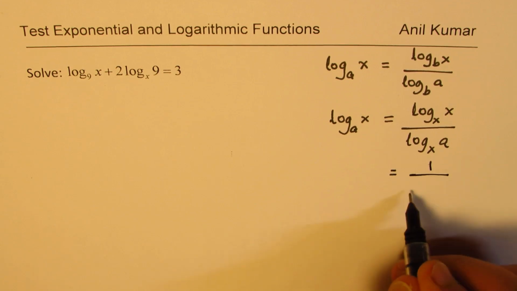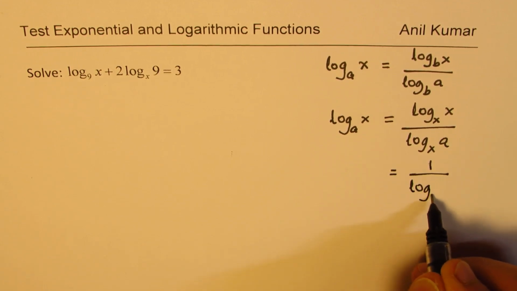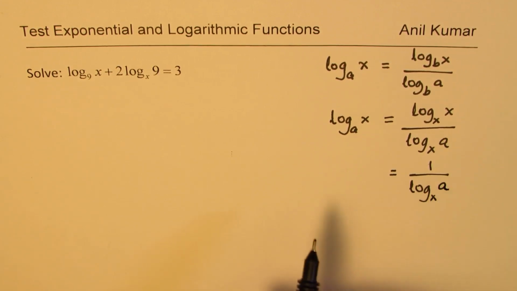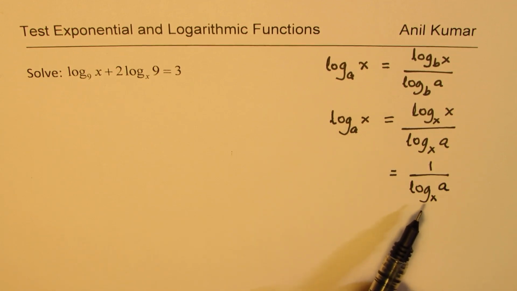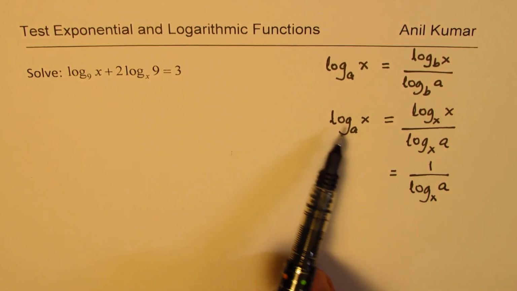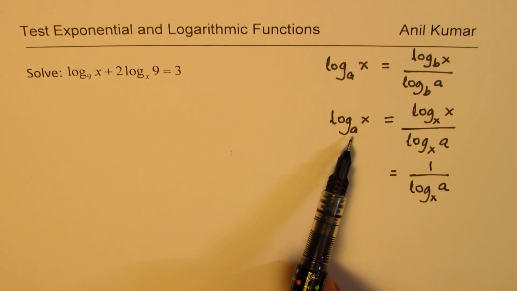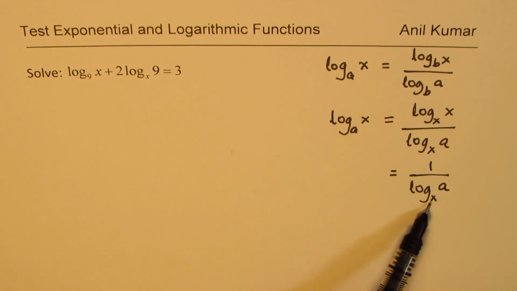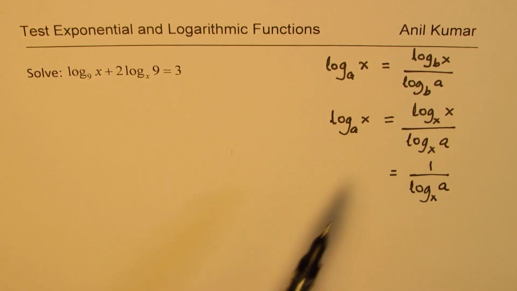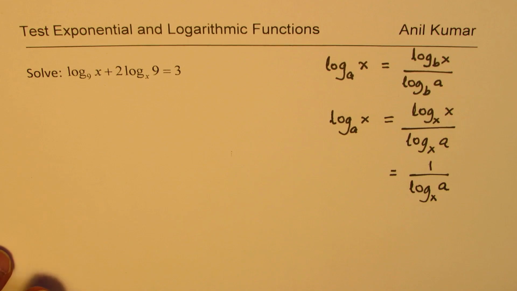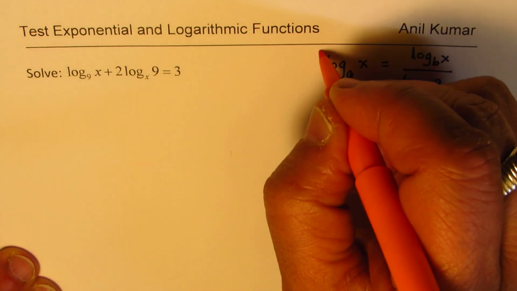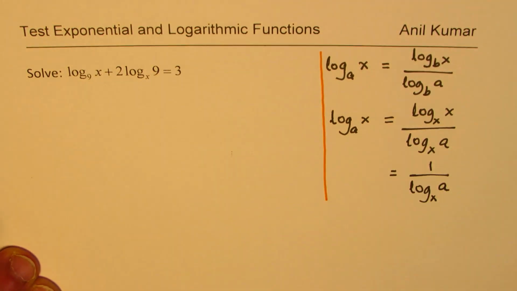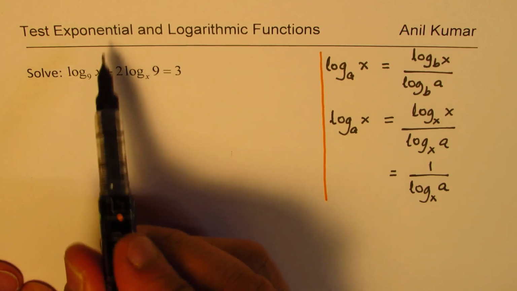So I get 1 over log to the base x of a. Do you notice what has happened? I have written the logarithmic function with base a now as base x, 1 over that. So we are going to use this particular property of logarithms to solve this equation, and that is a very, very useful property. Clear? So let's solve now.